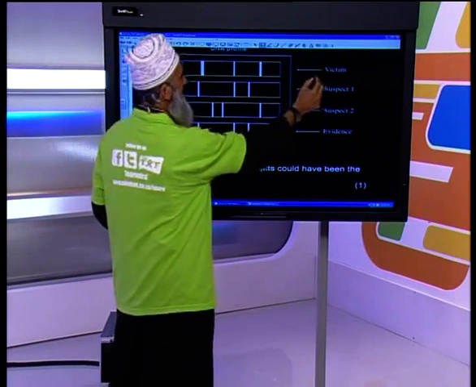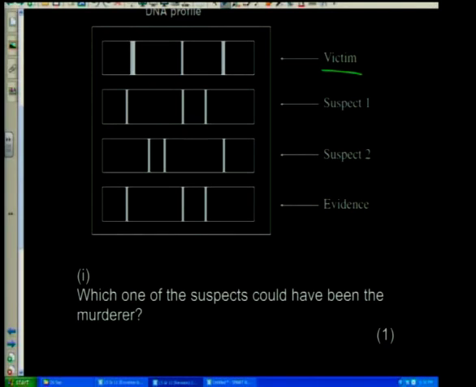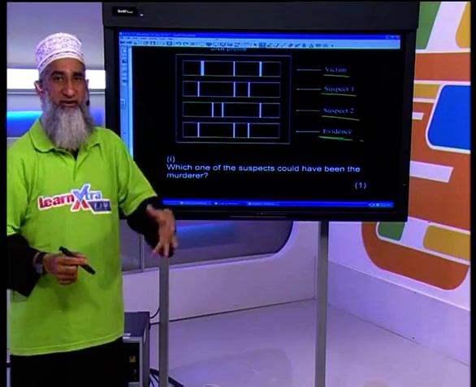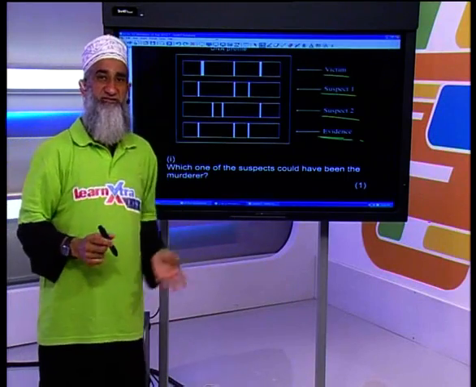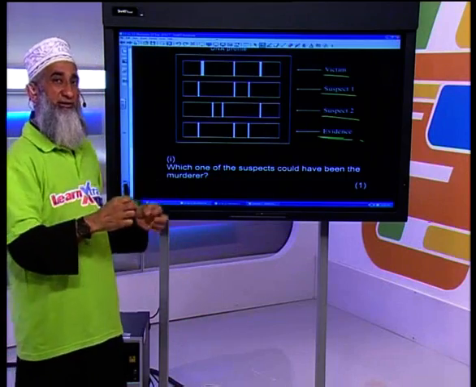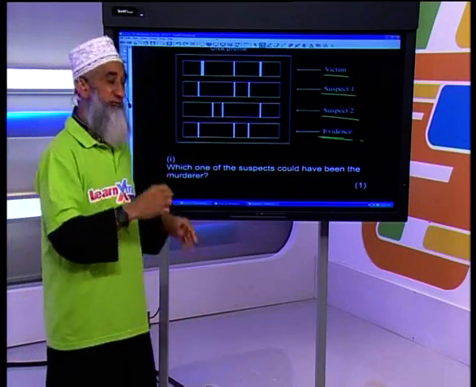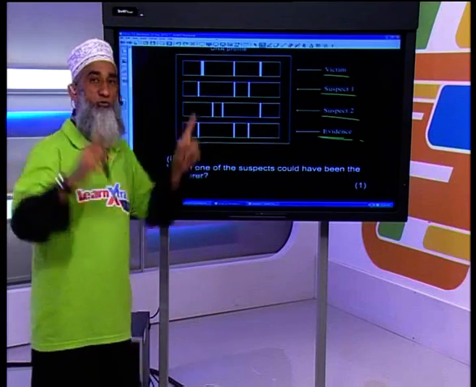This is of the victim. This is suspect 1, that's suspect 2, and that's the evidence, whatever they found, whether it was hair, blood, skin, nails, a cigarette butt, whatever they found there, and they took some evidence from there, and they got this barcode, as I might put it.